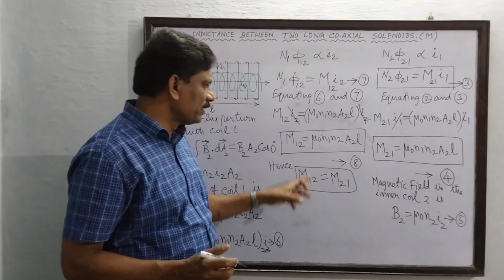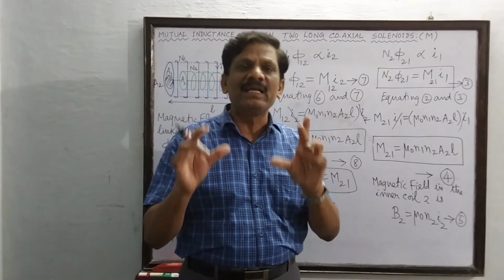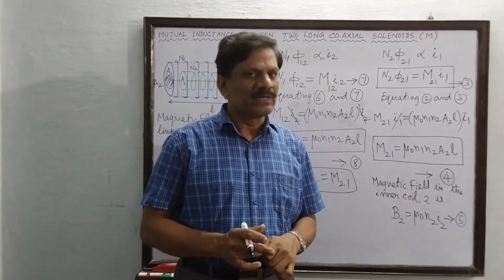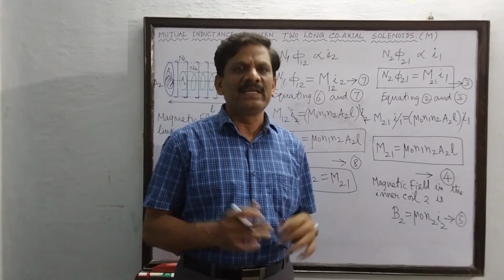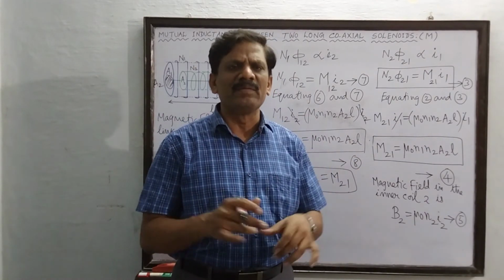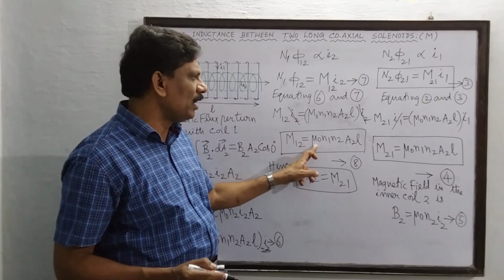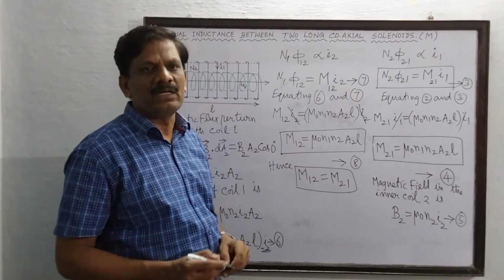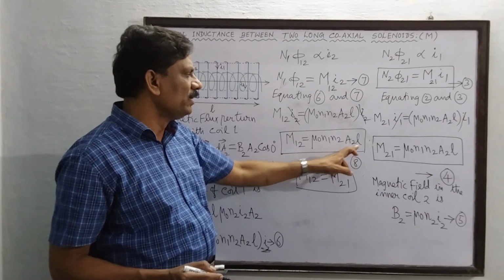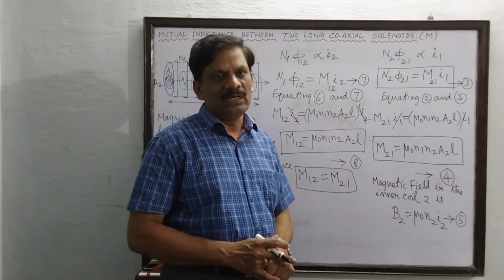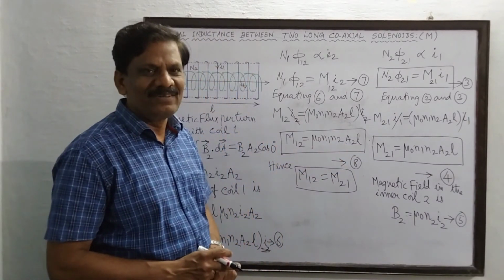Here mu naught is involved, which means it is called an air core solenoid. Suppose in place of air there is any other medium, then for that medium it will be mu r multiplied by mu naught into N1, N2 into A2 into L. Okay students, have you all understood? Okay, fine.